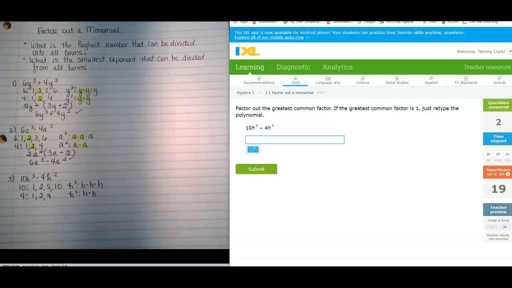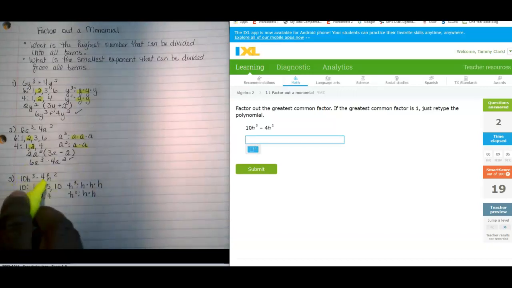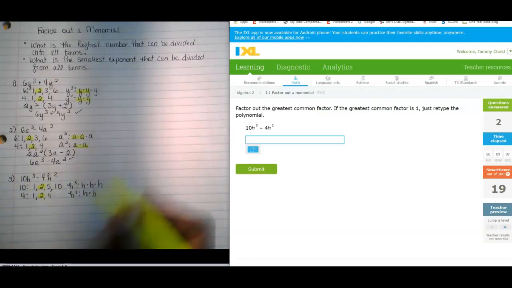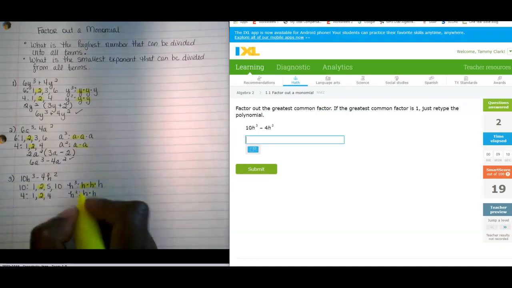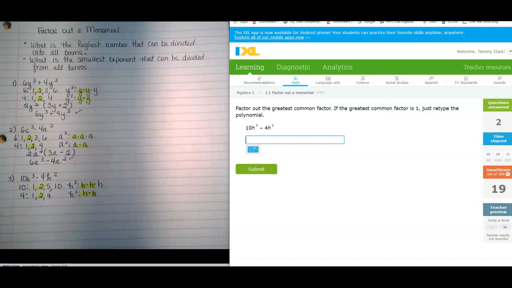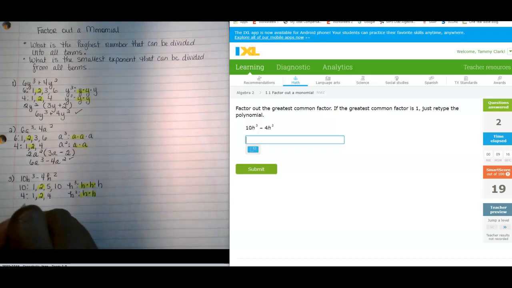So we're going to do our process. We're looking for the largest number that both terms have in common. Again, that's 2. And the smallest exponent they have in common is h squared. So our answer would be 2h squared.